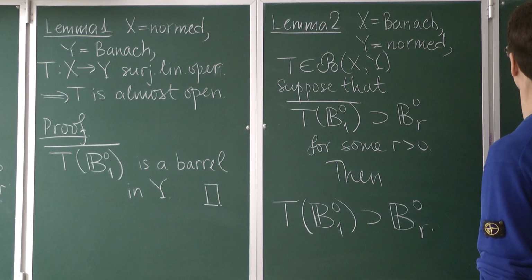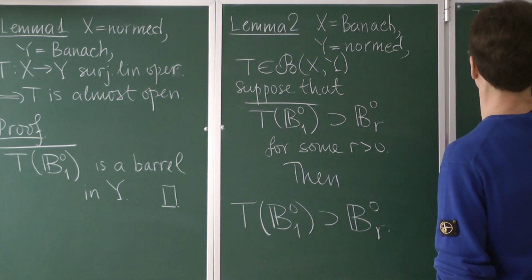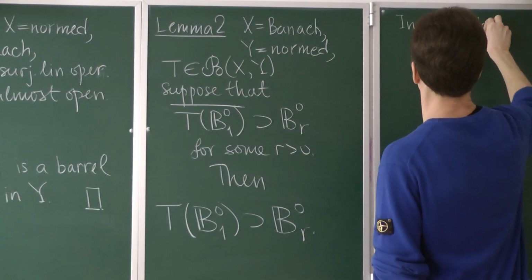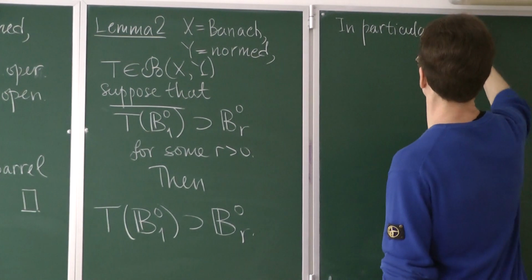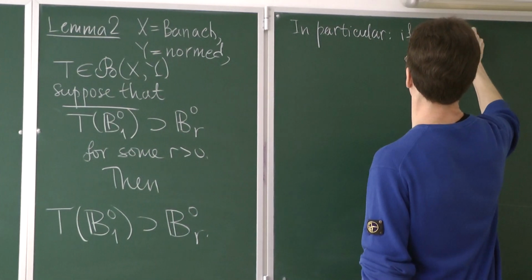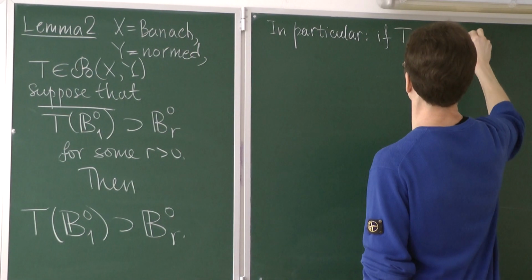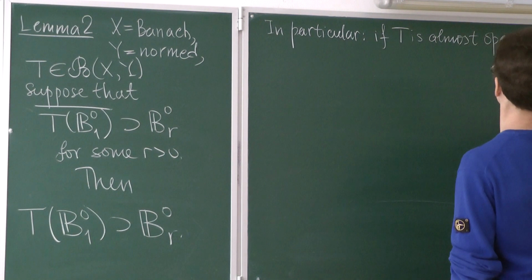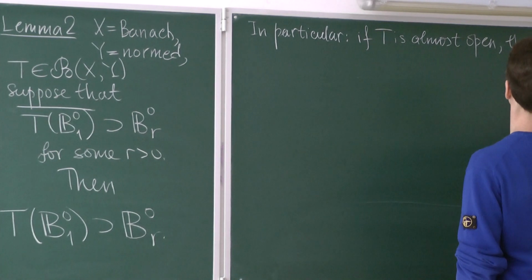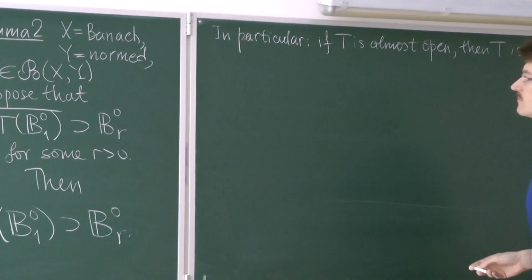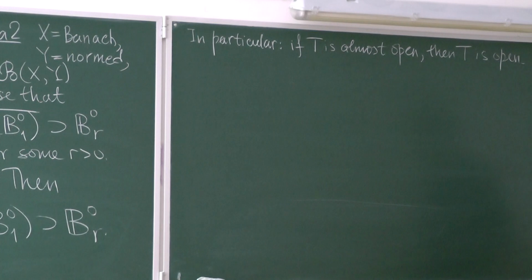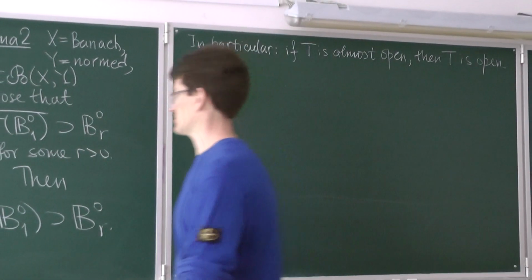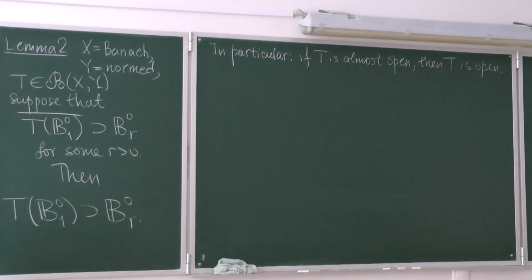So in particular, we see that if T is almost open, then it is open. So an almost open operator from a Banach space to a normed space is open.